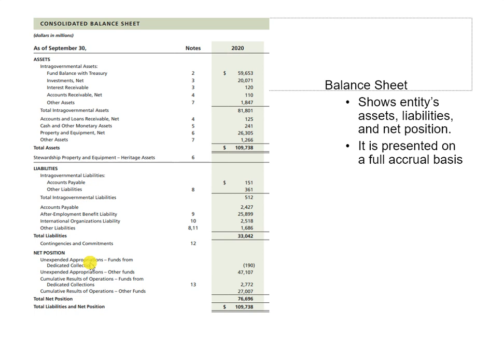Basically, they are the appropriations unused. The second part is, if the appropriations or the budget has been used, they become the cumulative results of operations.